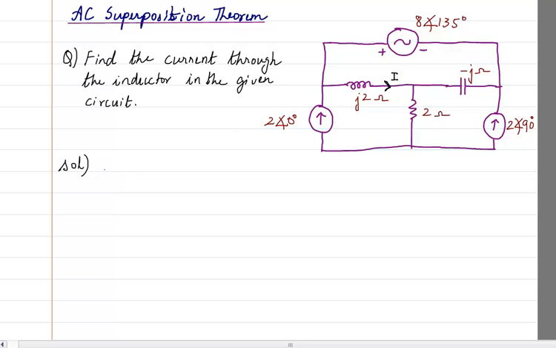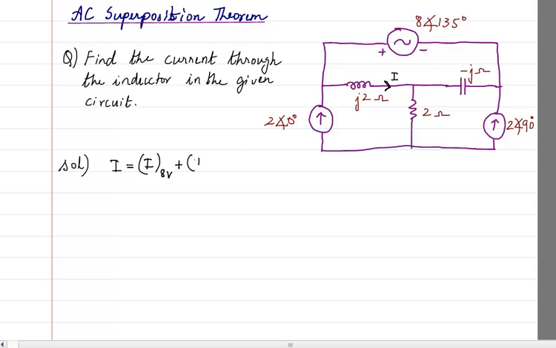Then I will say I is going to be equal to: the first is the current because of the 8 volt voltage supply. I'm not going to write the angle; all I want to do is separate it, so I can write 8 angle 135, no problem.